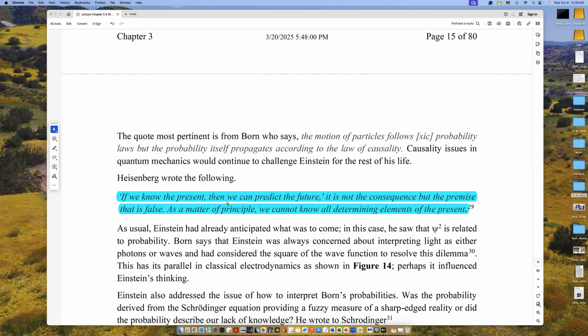Is it a description of the world as it truly is? That is, to take the people that believe that there is an existing quantum world, whether we're looking at it or not. These are the realists.